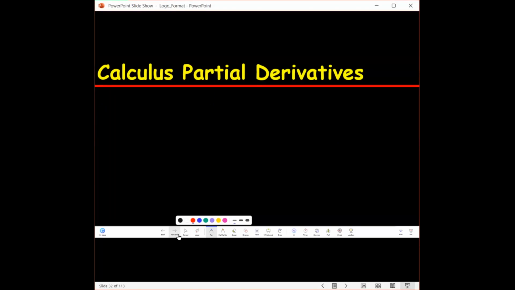All the partial derivatives we used to do here, or learned in our previous classes, came from the limit definition.